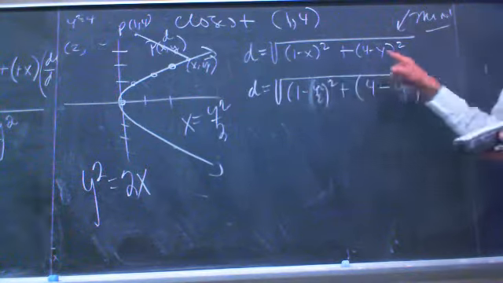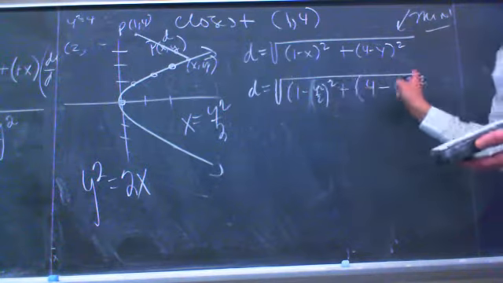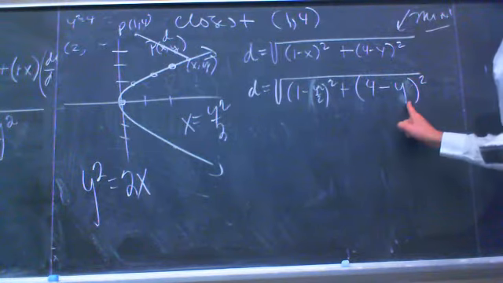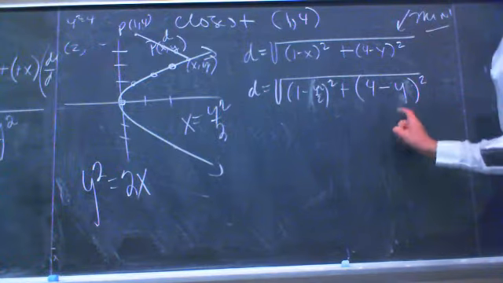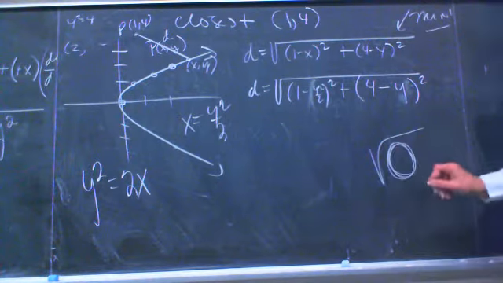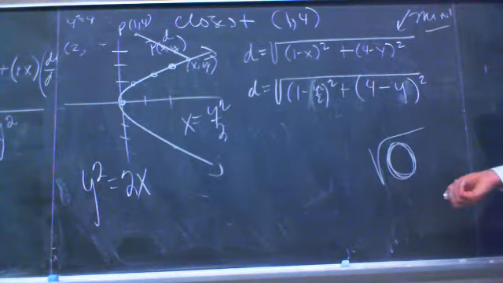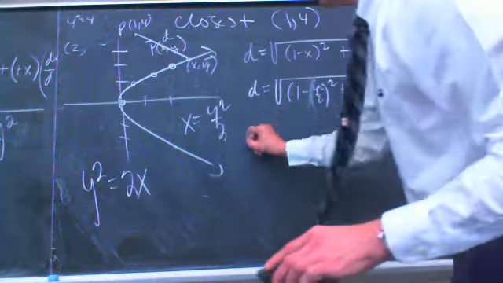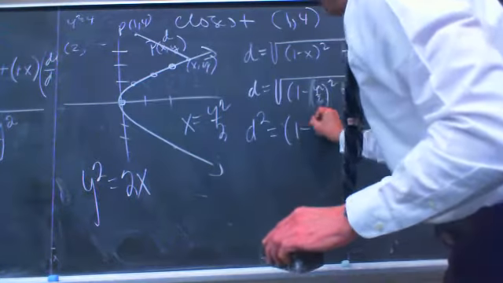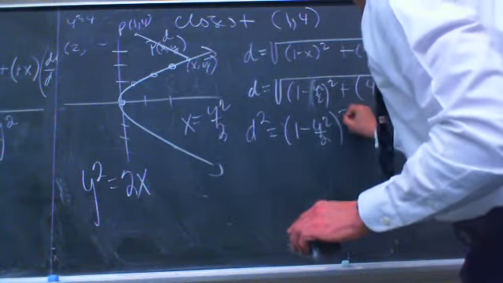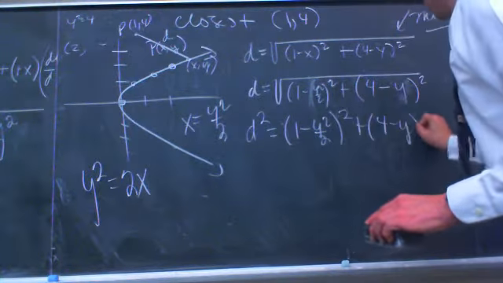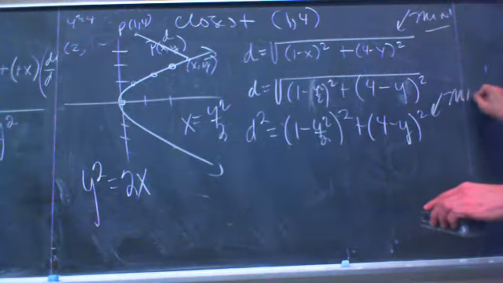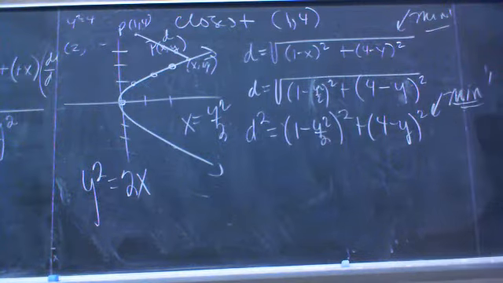Instead of minimizing the square root, just minimize the inside, because when you minimize the inside, you're going to minimize the square root. So you don't need to do that. You just square both sides and just work with this piece. This is what I'm going to minimize. But I have to make sure I have everything converted in there, so I'm okay.